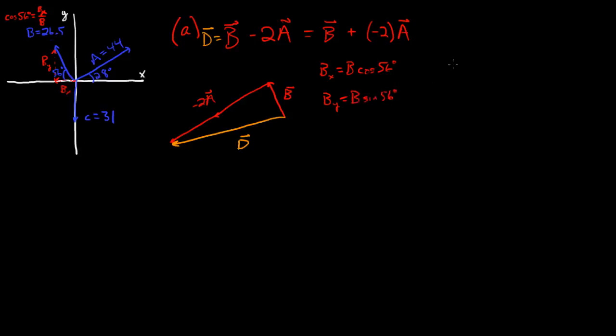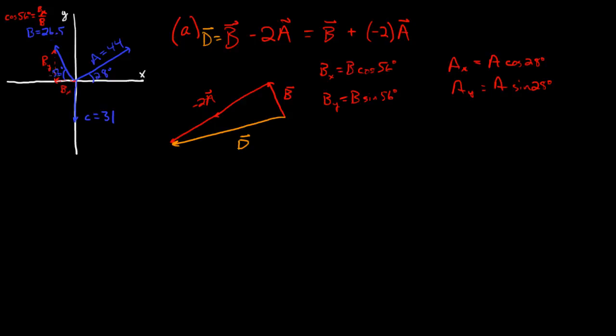Ax is going to be A times the cosine of 28 degrees, and Ay is equal to A times the sine of 28 degrees. Now, one thing that I forgot to do: By points in the positive y direction.